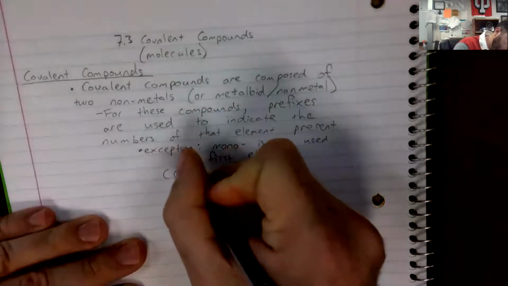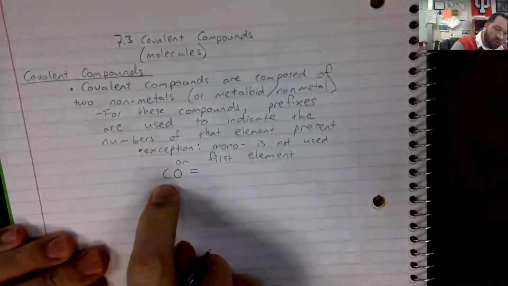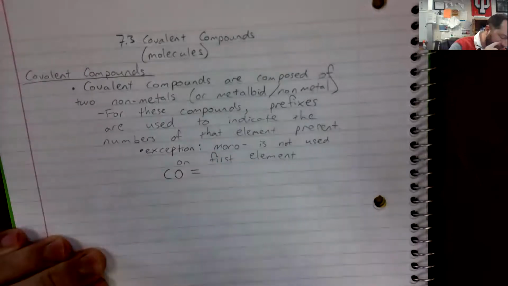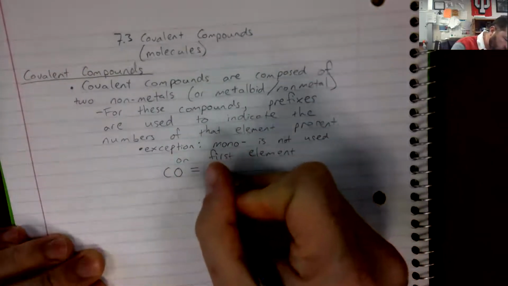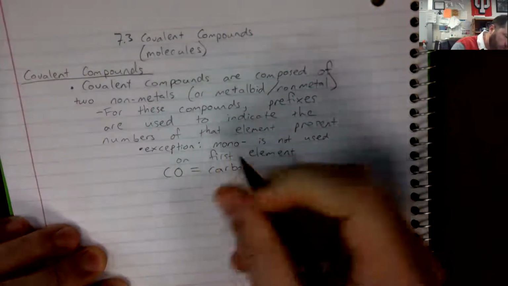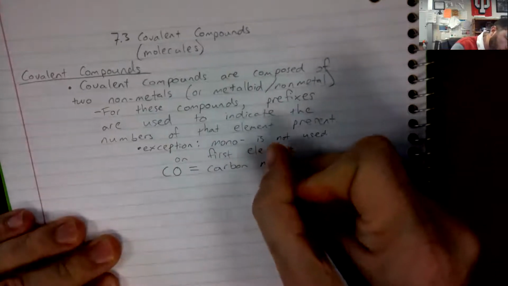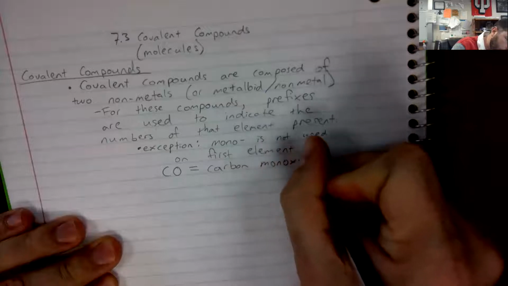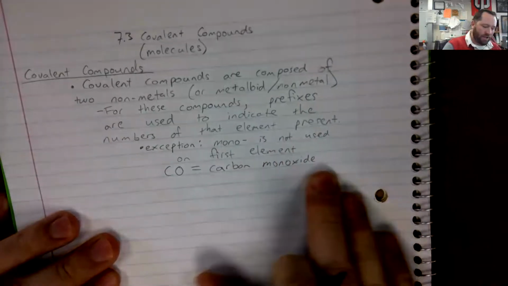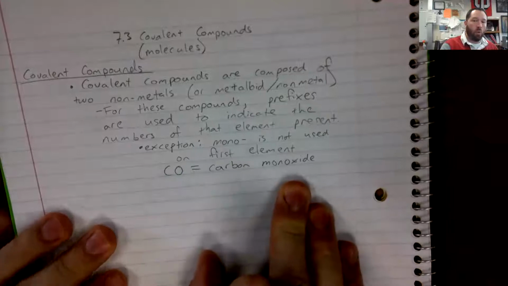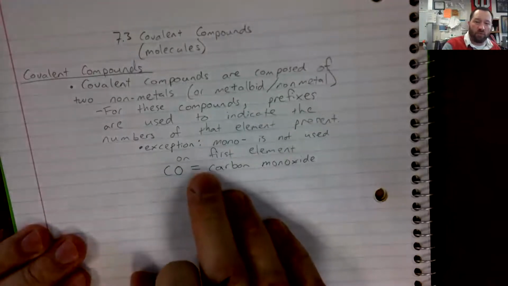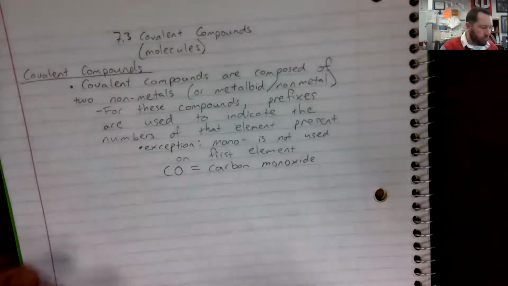An example there, CO, one carbon, one oxygen. Because we don't use mono, we just say carbon, and then we will use mono for the second element, so carbon monoxide. There's our monoxide. One carbon, one oxygen. We just don't state the prefix mono on the first element.